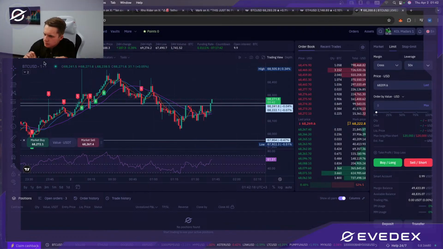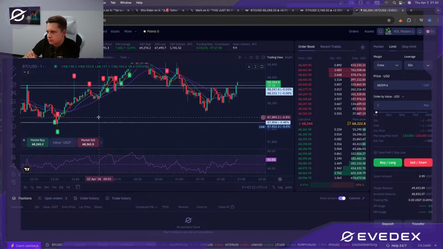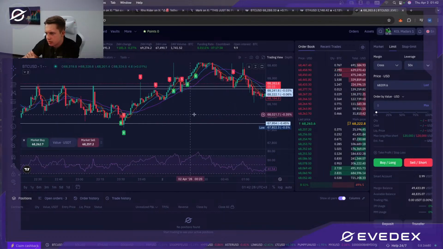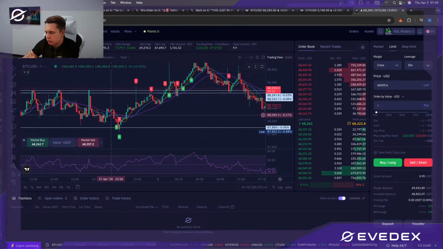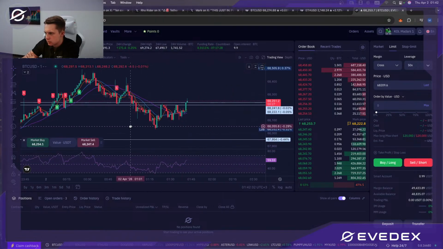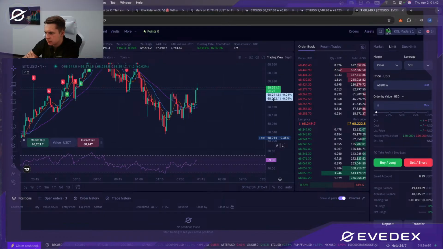Where is it hit? It's kind of hit this resistance level here. That is when price really started going bullish.